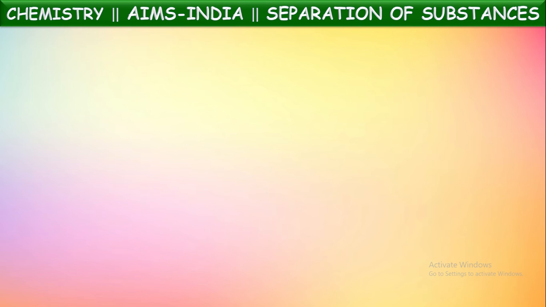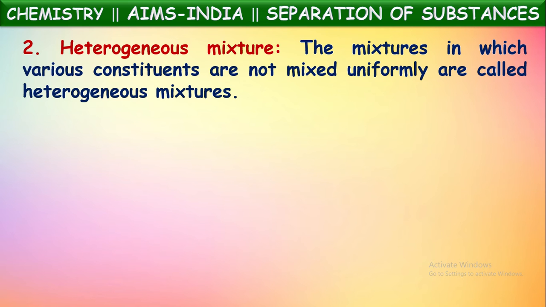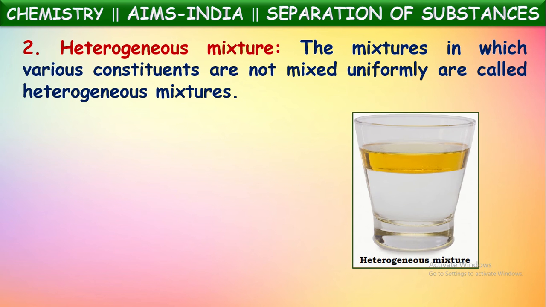Okay, the next kind of mixtures are heterogeneous mixtures. The mixtures in which various constituents are not mixed uniformly are called heterogeneous mixtures. For example, take the mixture of oil and water. If we take some oil and water into a glass and mix them thoroughly with a spoon, will you observe the mixing of those two liquids?